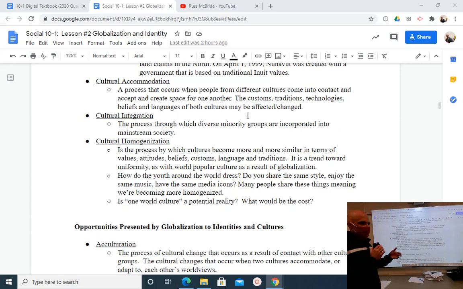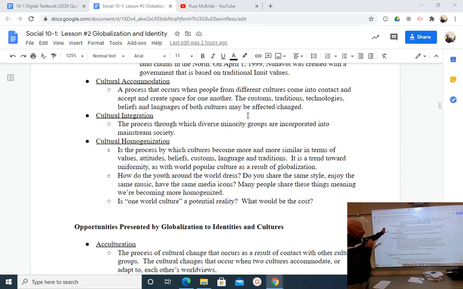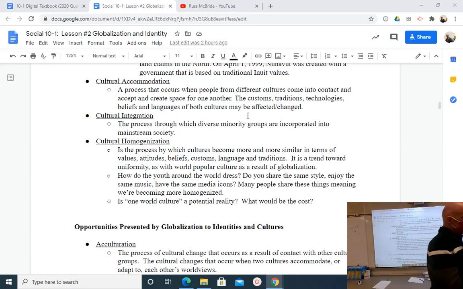If you allow certain cultural practices to exist, it may become a danger to society. So Canada is kind of in a difficult spot, and we studied this last year in grade 9 with the Charter of Rights, is that we do give individual and collective rights, but the government does reserve the ability to reasonably restrict them if needed. And this goes with the idea of cultural accommodation. Can we accommodate everything? Or are there some cultural activities that Canada should say, no, you know what, we can't allow that to happen here?